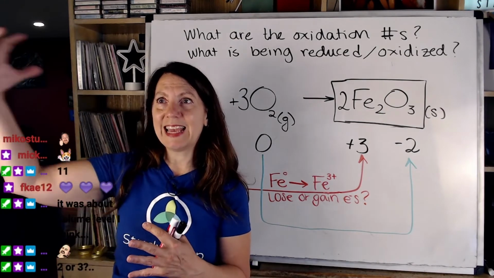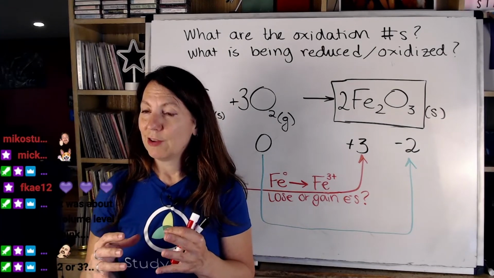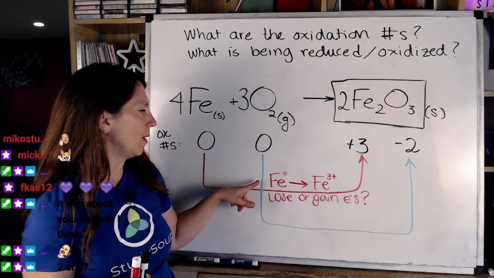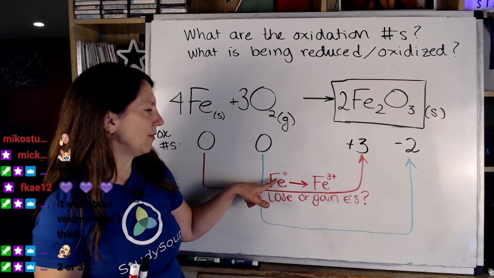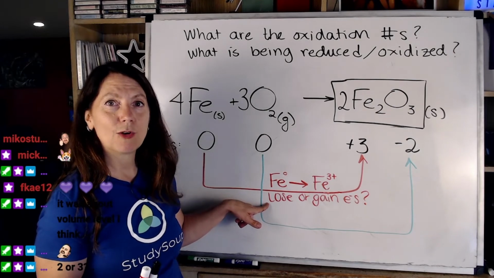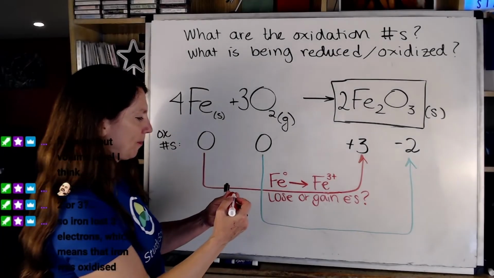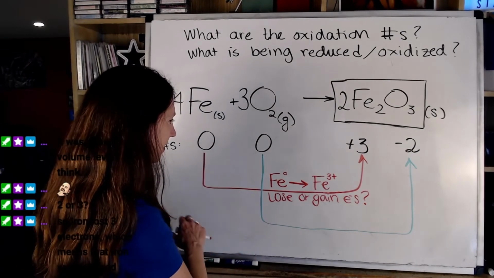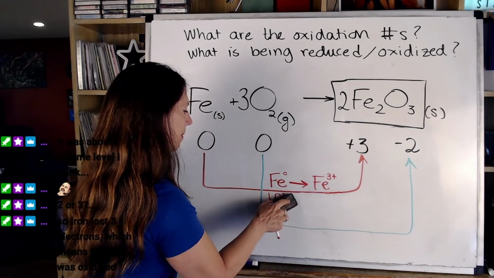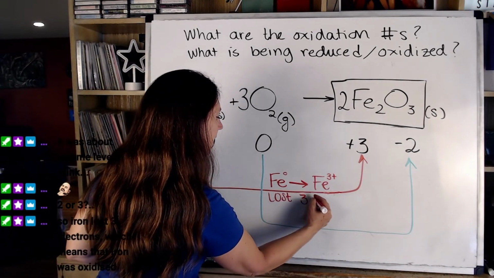Or did it gain these negatively charged electrons? So hopefully that helps you reason through it and know which one is correct. Iron going from 0 to +3, did it lose electrons or did it gain electrons? So it lost, maybe I'll change that to a T, lost 3 electrons.